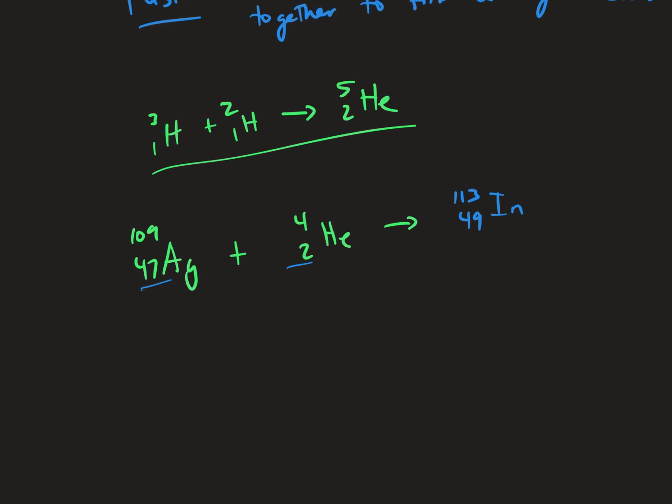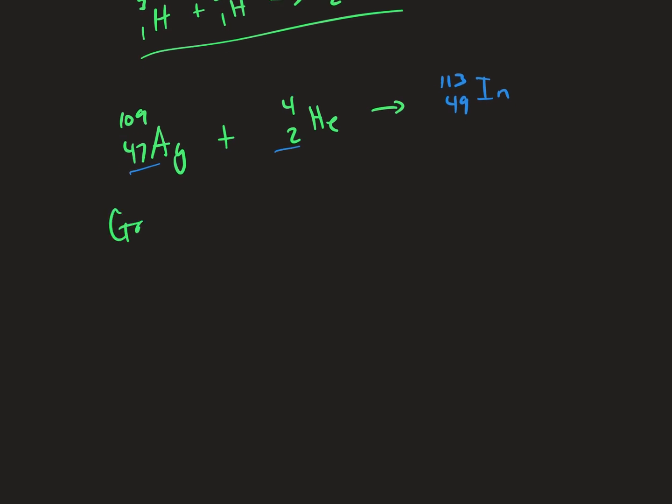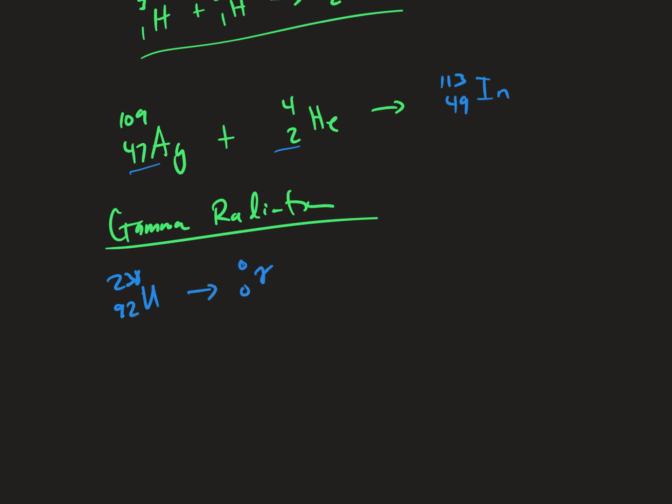Okay, gamma radiation. When does gamma occur? So if we have, let's say, uranium-238, for example, and a gamma particle, or gamma ray, is just that, right?